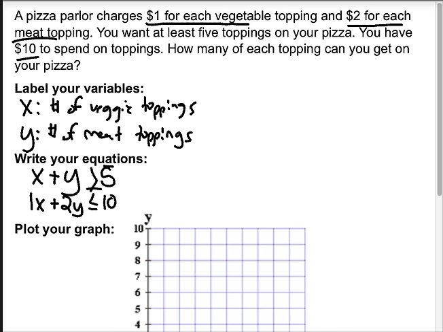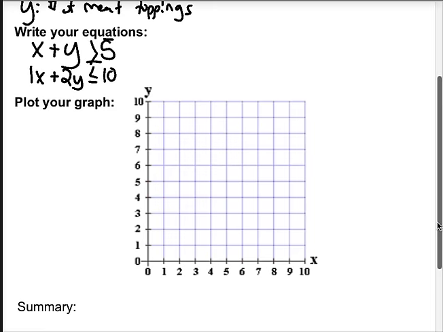Well, we need to put these in a way that we can graph them. So for the top equation, I'm going to subtract the x. In the bottom equation, I need to subtract the x, sorry, 2x, negative x plus 10, and I need to then divide it by 2.